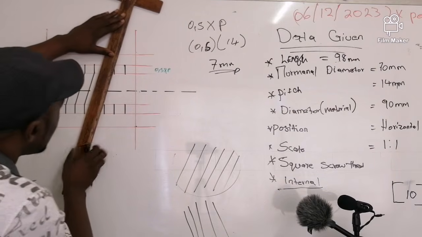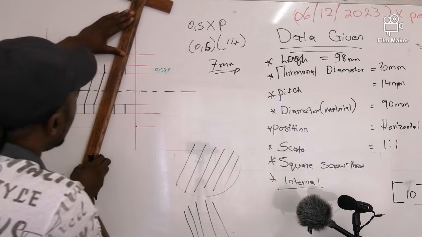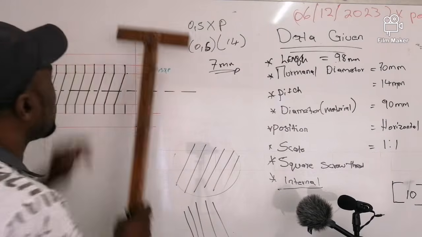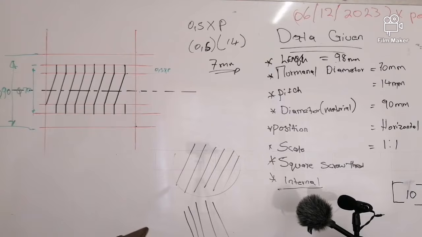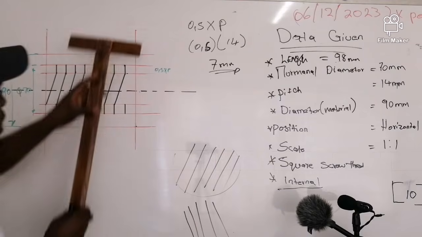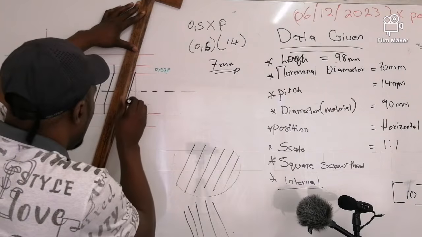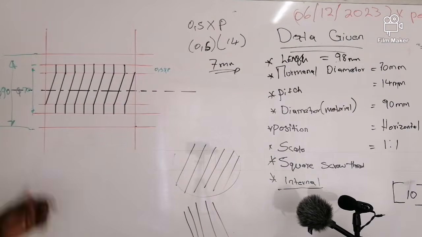Using a 30 millimeter ruler, because a student might say, what is the angle of that ruler? Are we using the 45 or 60? No, this is out of dimension. We join them using a 30 millimeter ruler. That ruler, we use it to join points and record dimension only. You understand?